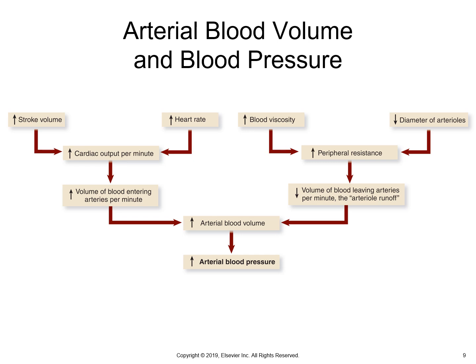In terms of cardiac output, that means that more blood is being pushed into the arteries per minute. And let's say we have less blood leaving the arteries, then that means that we have higher blood volume and increased blood pressure.